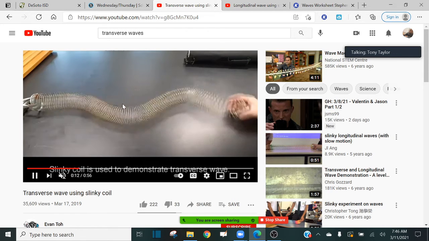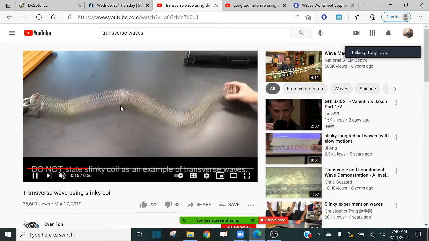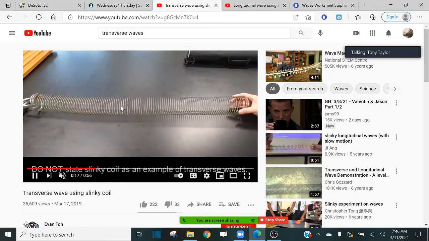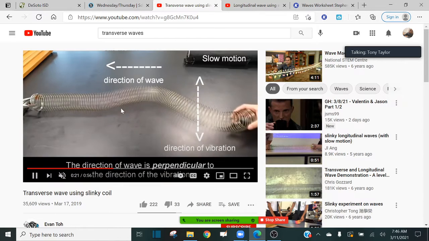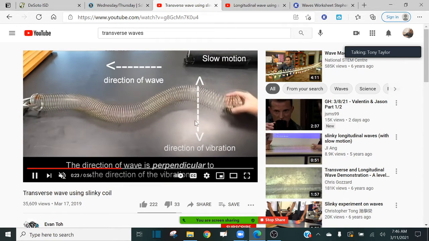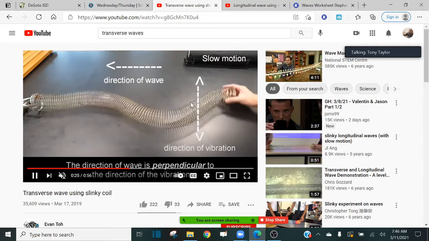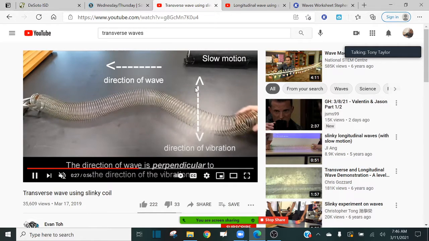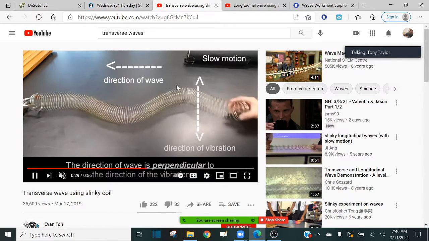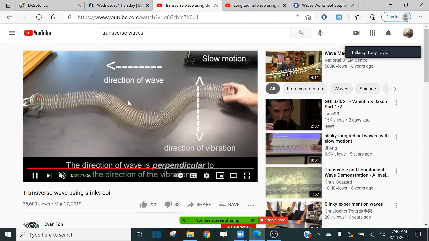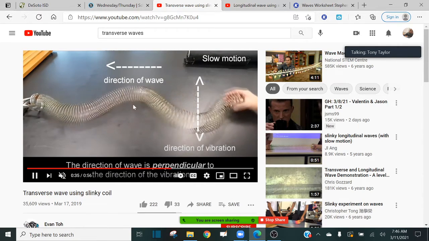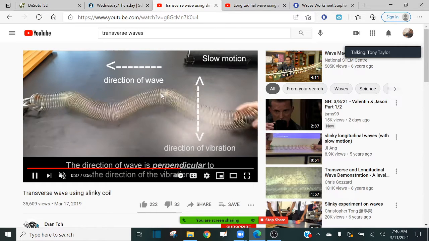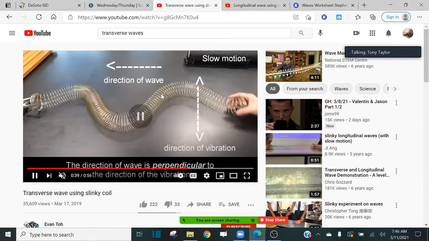So in other words, the pulses of energy are traveling perpendicular to the direction the wave is moving. See how his hand is going side to side? In this case, I'm going to say his hand is moving in the y direction, whereas the wave itself is traveling in the x direction. The pulses of energy are traveling in the x direction, so it's clearly perpendicular to the direction of wave propagation.